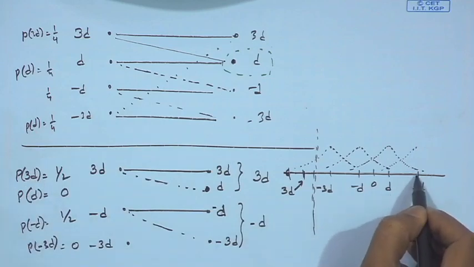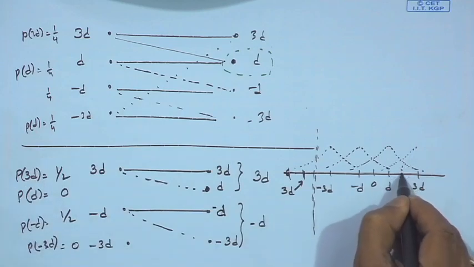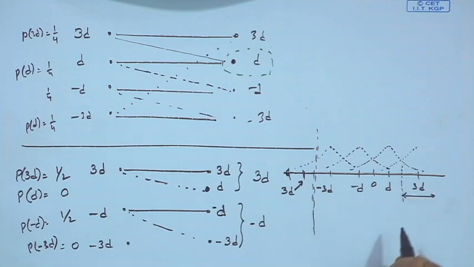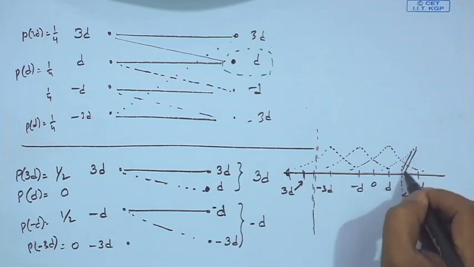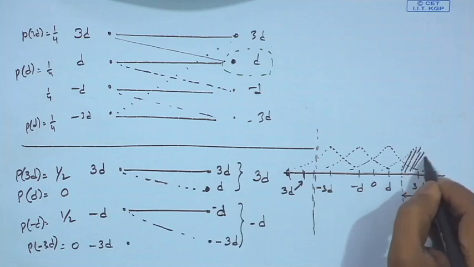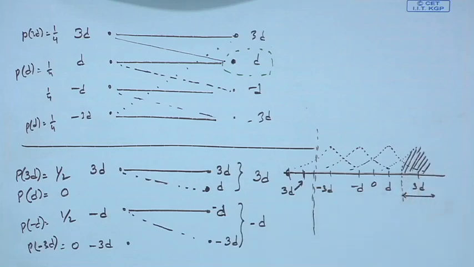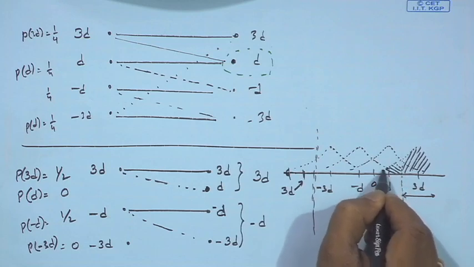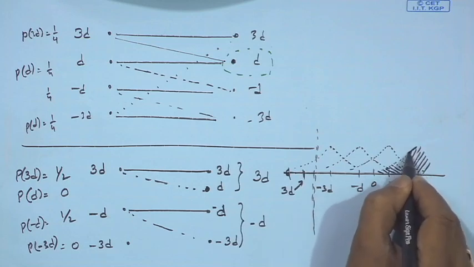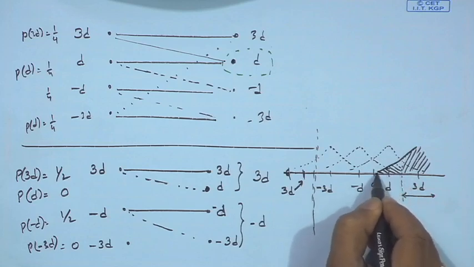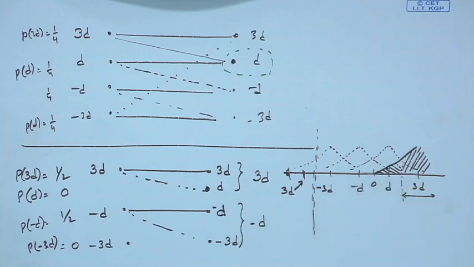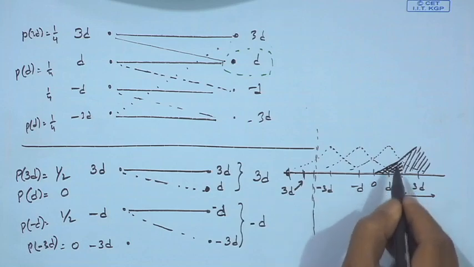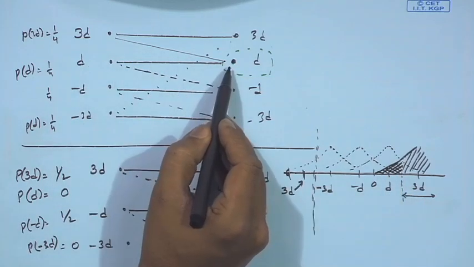When a 3D is sent, the probability of it being detected as 3D is the area under the curve in this region. The area under the curve here would be the probability of 3D being sent but detected as D, and suppose it goes to 0, it does not change. So this is the probability that it becomes D.